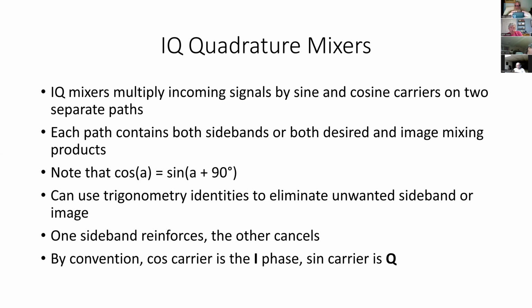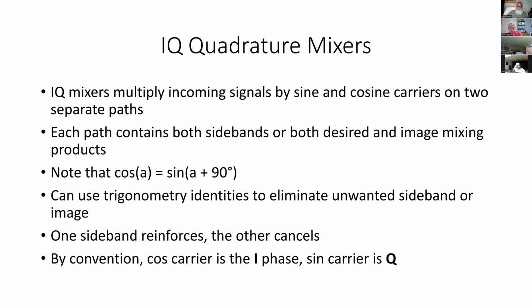And so mixers and modulators multiply a modulated signal or a desired signal by a carrier frequency, a local oscillator frequency, excuse me. So IQ mixers or quadrature mixers multiply the incoming signal by both the sine and cosine of the carrier frequency.